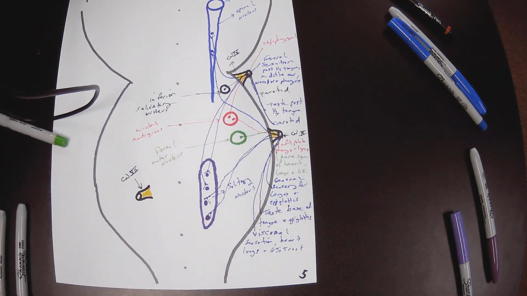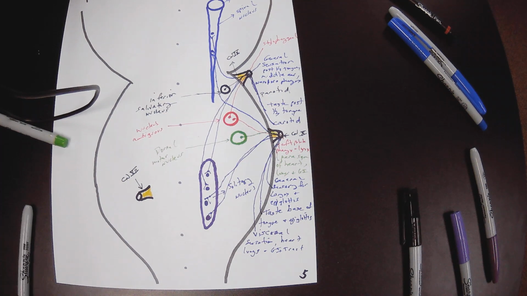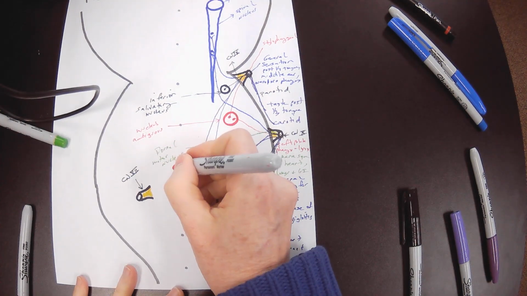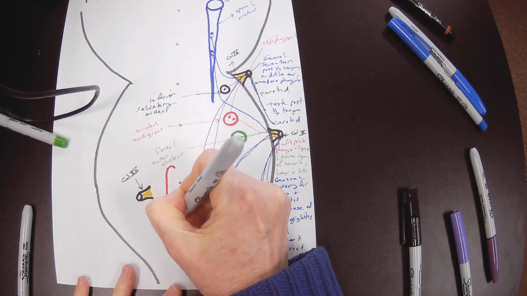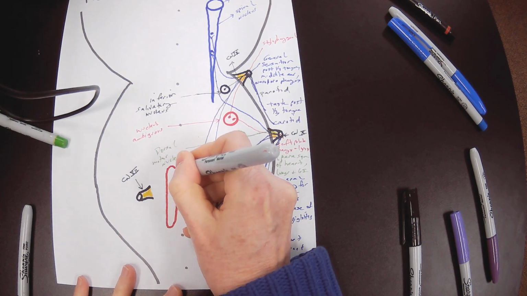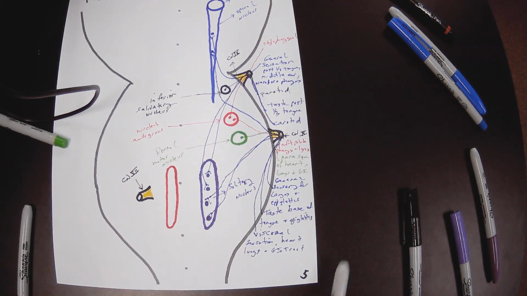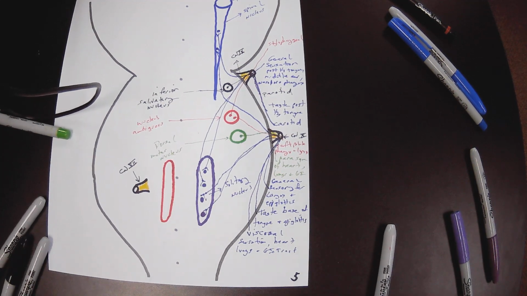Cranial nerve number 12, that's your hypoglossal, and it uses this great big old nucleus here in the medulla. That is your hypoglossal nucleus.